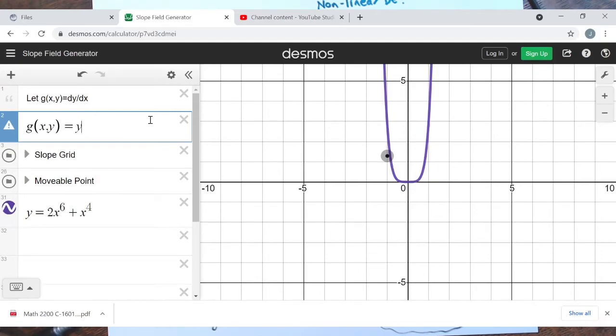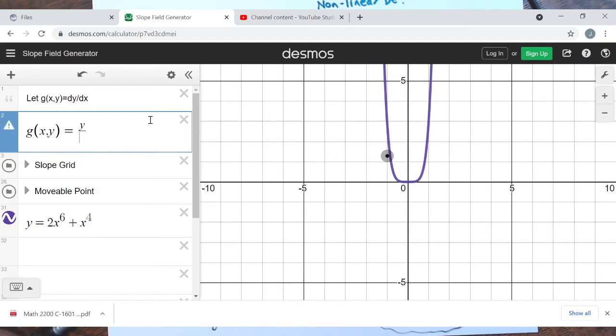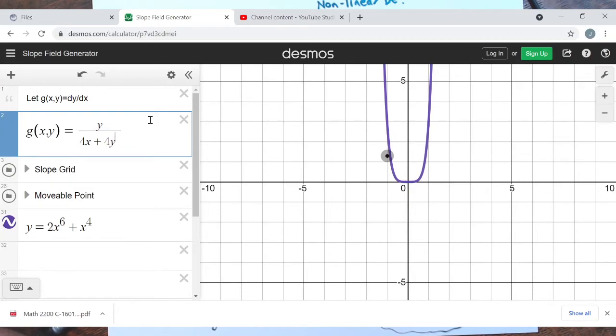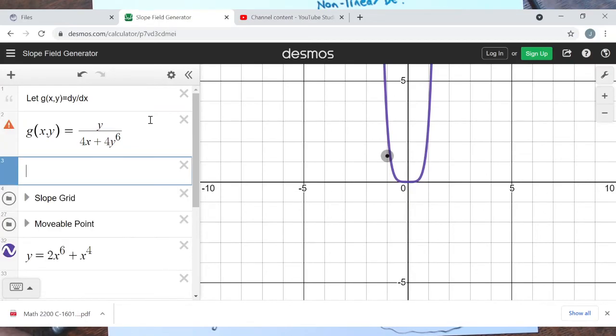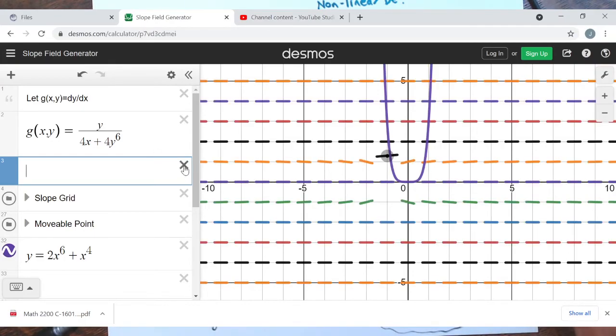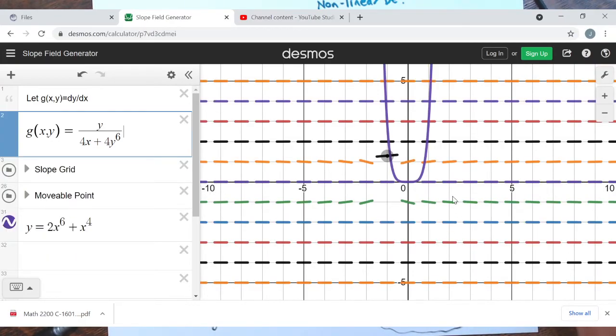So y over 4x plus 4y to the 6th for the slope field. Alright, this might be actually too crappy.